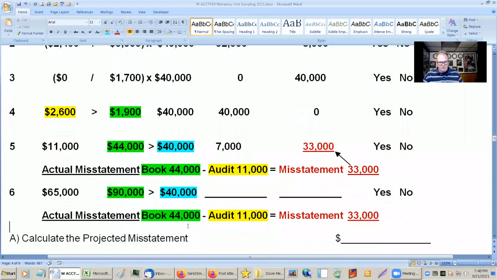So the actual misstatement would be, what do we have, 90,000? 25,000? And then 15,000 would be the difference? The projected value? Wait, I did it wrong. Hold on. Okay, yes, this would be over more than one interval.